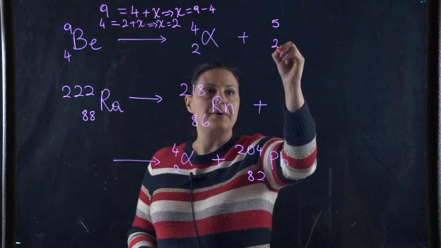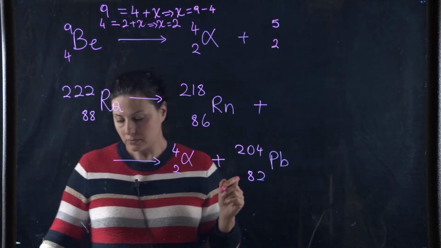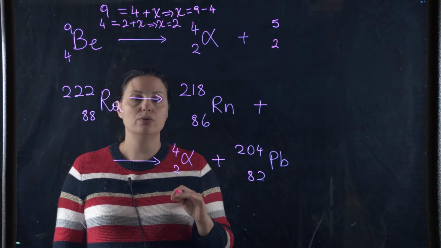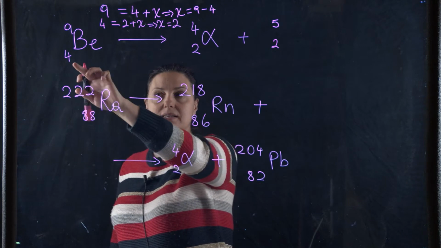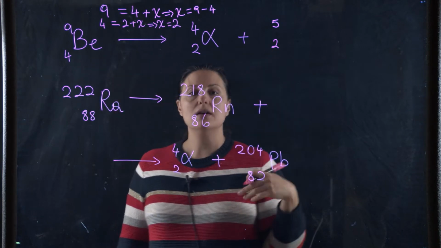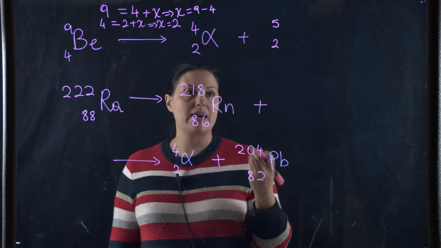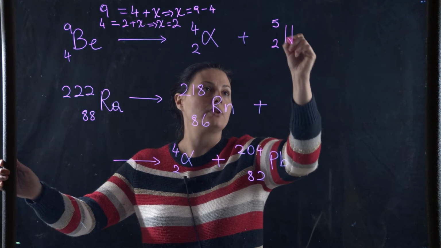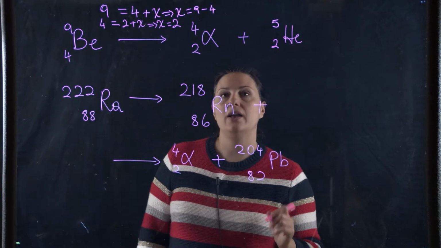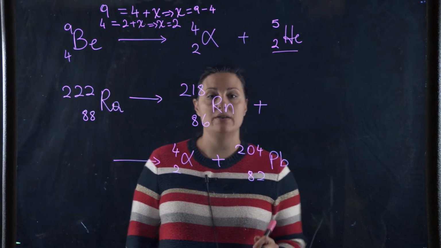Therefore, this will be 2. Now, if I go to the periodic table, this number, because it's the Z number, should tell me the identity of the element. Element number 2 is helium. So this is my unknown element, and now I have solved it.